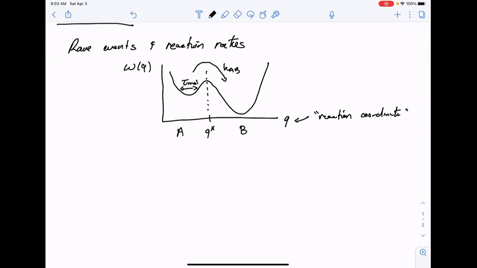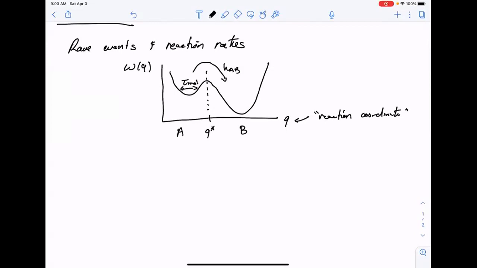So for a system evolving within a thermal equilibrium, imagine that whatever this Q is, it is some coordinate that is fluctuating through its contact with a bath or through its evolution due to Newton's equations. So it's a dynamical variable which, left on its own, would trace out a thermal or Boltzmann distribution.